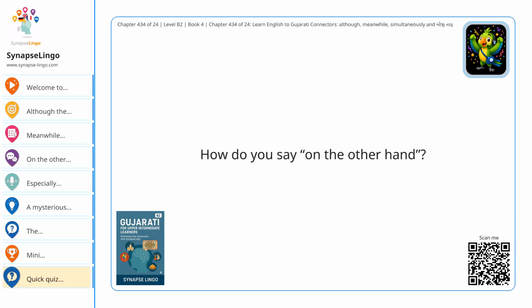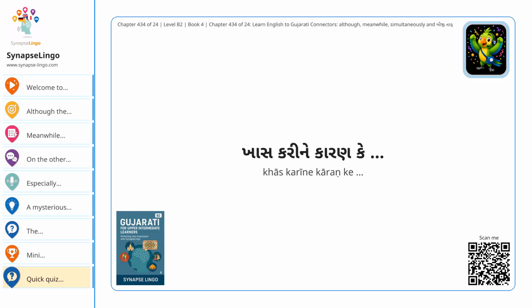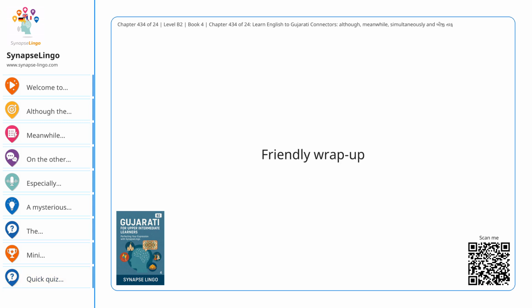How do you say on the other hand? Answer. How do you say especially since? Answer. How do you say whereby? Answer. How do you say indecisive? Answer.